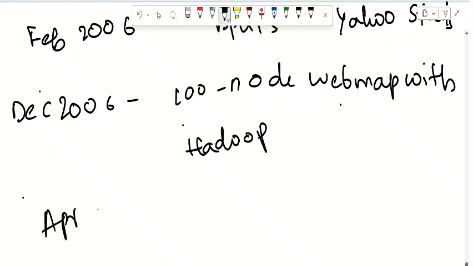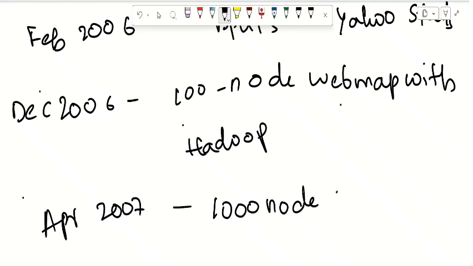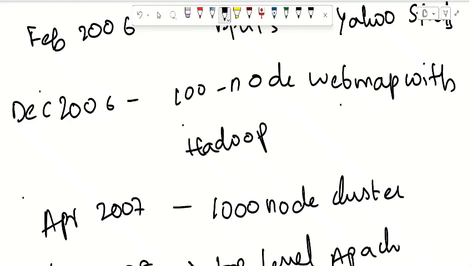Next, in April 2007, a 1000 node cluster was created with Hadoop. In January 2008, Hadoop became a top level Apache project.